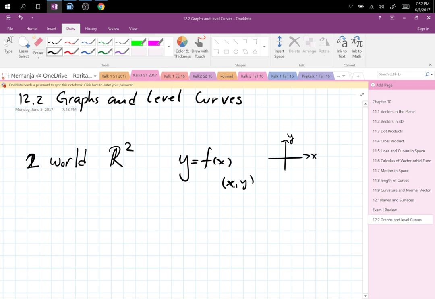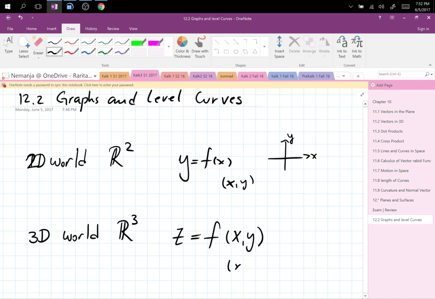Then into the 3D world, which is denoted as R3, and now my function looks like this: z is equal to a function of x and y, giving us a point x, y, z, which is all graphed on the x, y, z coordinate system.